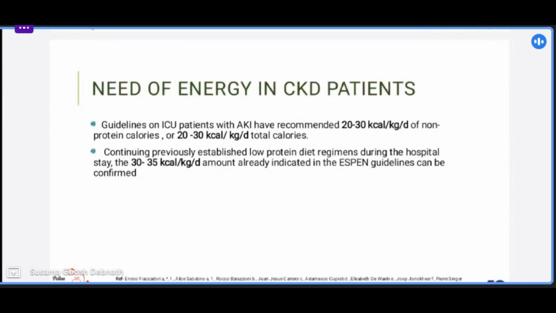But if a CKD patient is also suffering from diabetes mellitus, then should we go for high calorie? Yes, we should go for a high calorie diet because the patient is in a catabolic state. We need to counter that, and we will adjust the doses of insulin or medicine to counter the high blood sugar level.